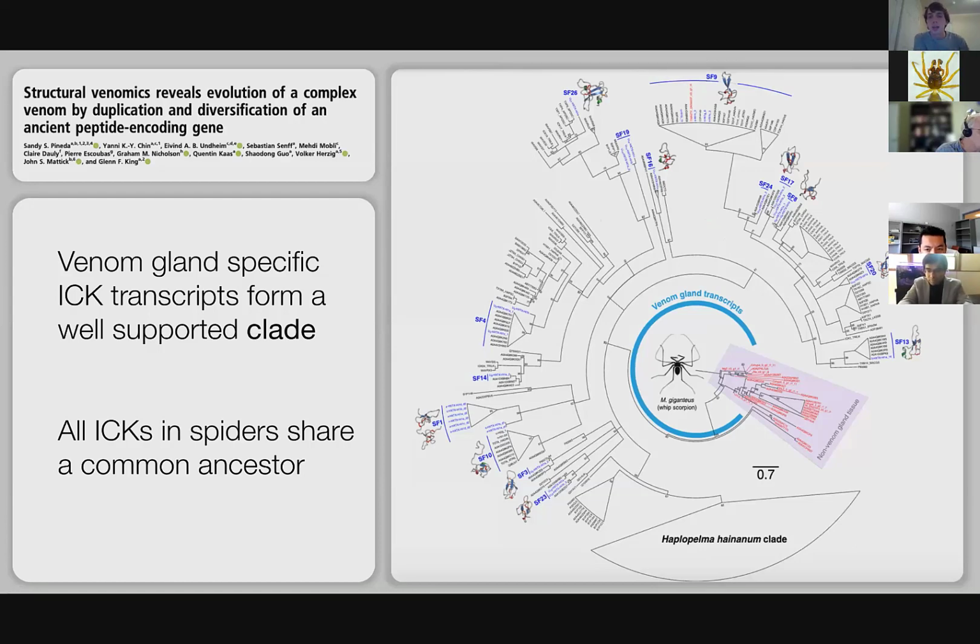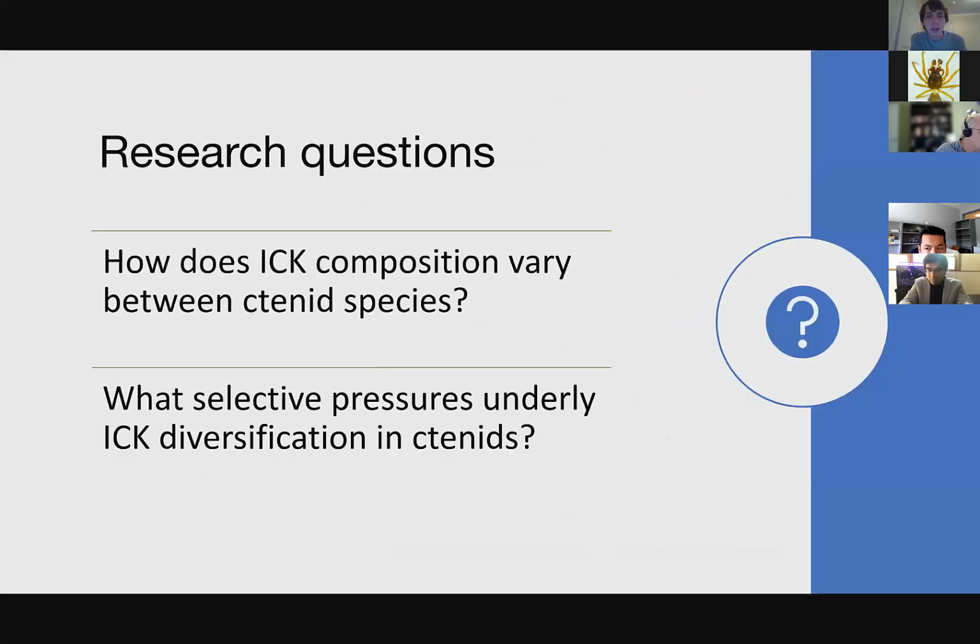I was able to use this framework as inspiration for my research, which was basically in wandering spiders, specifically the Brazilian wandering spider, which has really complex ICKs. How does that ICK composition vary between other Ctenidae species, and with such diverse ICK composition, what selective pressures underlie the ICK diversification in Ctenids?